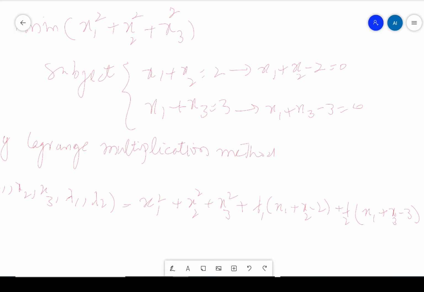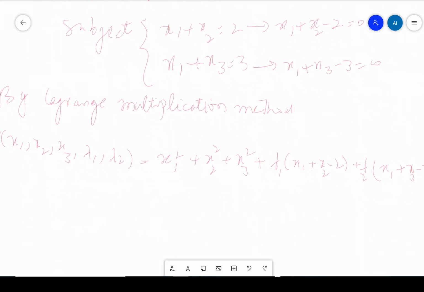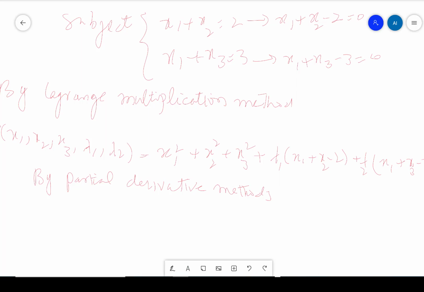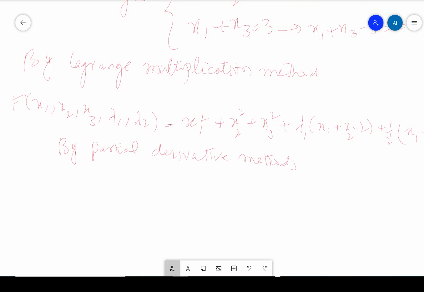So by partial derivative methods, we can find the value of each variable. For that, we will take the derivative of this main function with respect to each variable.